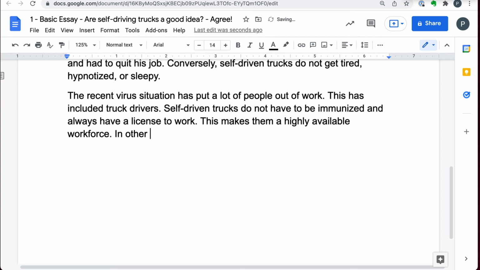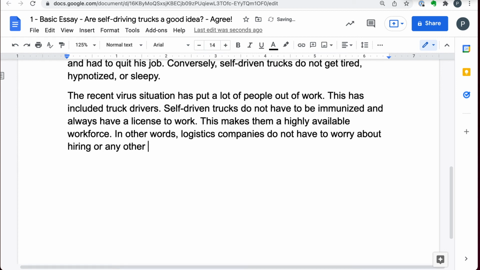We can say, in other words, these logistics companies do not have to worry about hiring or any other human resources issues.